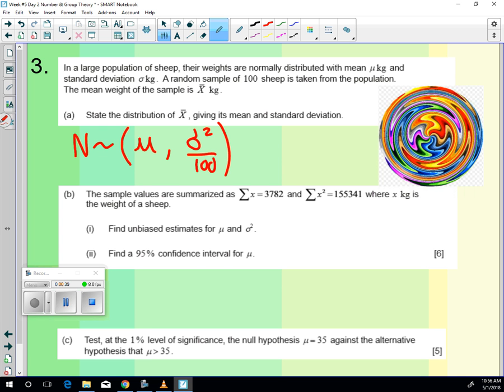Part B, the sample values are summarized. Sum of x equals 3782. Sum of x squared is this, where x is the weight of the sheep. Find the unbiased estimates of mu.